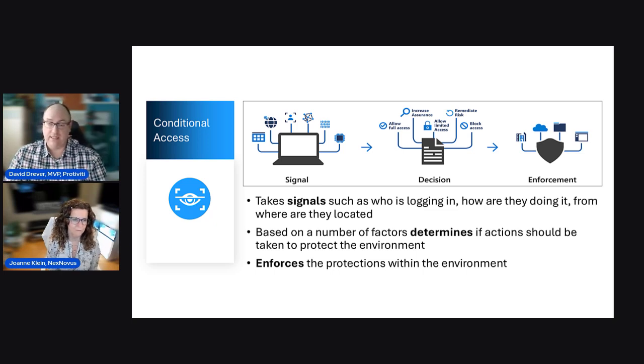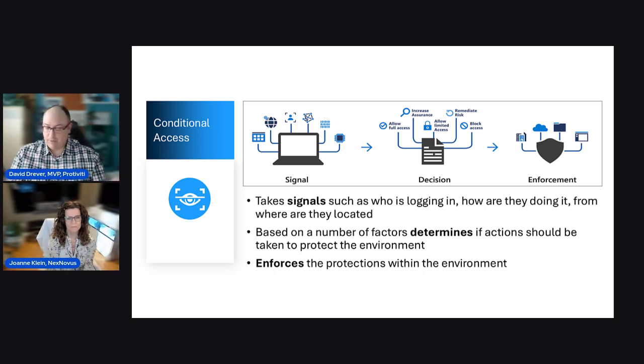It takes signals from various access points, whether you're logging in from a computer or a phone, where you're logging in from, how you're logging in, the tools you're trying to get to, takes all that into account, and then determines based on policies that you create what you're going to do with it. What's great about this is it allows you to focus on getting access to a feature or a workload within Microsoft 365, controlling that before you even get to the data within it.